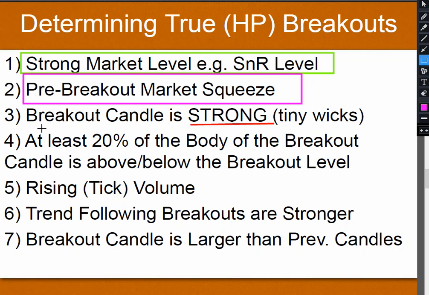And I would expect that at least 20% of the body of the candle that broke your support or resistance level, or that broke your Bollinger Band, or whatever other market level you had, even a round number, be above resistance or below support. We'll be able to show you that.